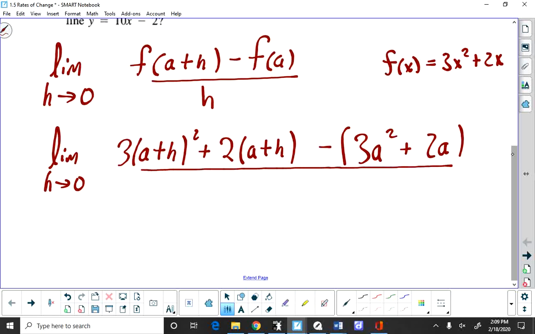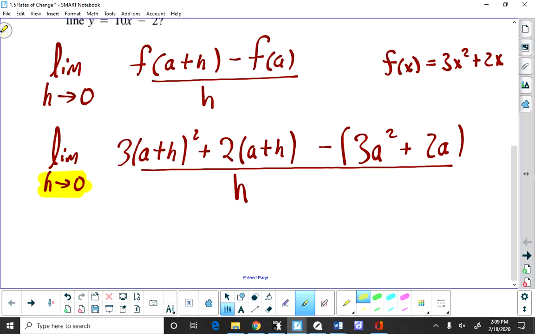The only way for you to evaluate this limit is to get rid of the h on the bottom, because if you put h equals 0 in, which really you're supposed to, that's how you evaluate a limit, you'll get 0 on the bottom. By the way, you will also get 0 on the top.